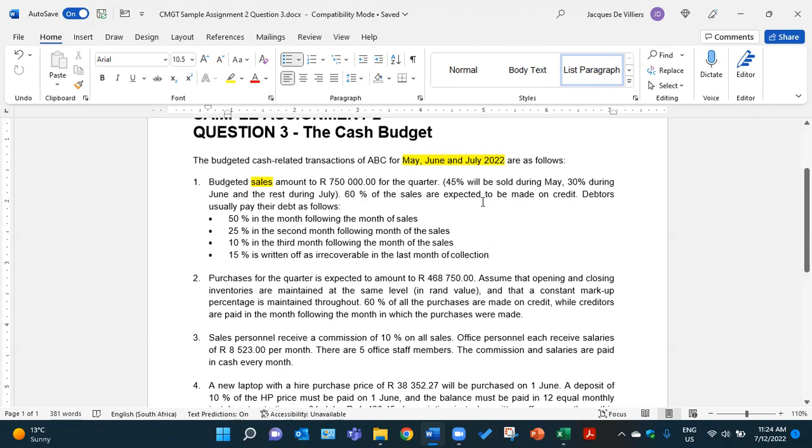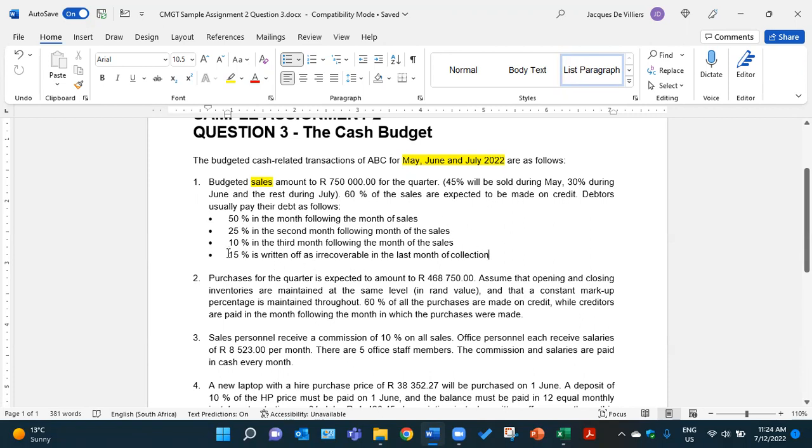60% of the sales are expected to be made on credit, and debtors usually pay as follows. Well, if 60% of the sales are going to be on credit, then 40% is going to be on cash. Now, when they talk about the credit sales only, we know that 50% is going to be paid in the month following the sales, 25% in the second month following the sales, 10% in the third month following the sales, and 15% will be written off.